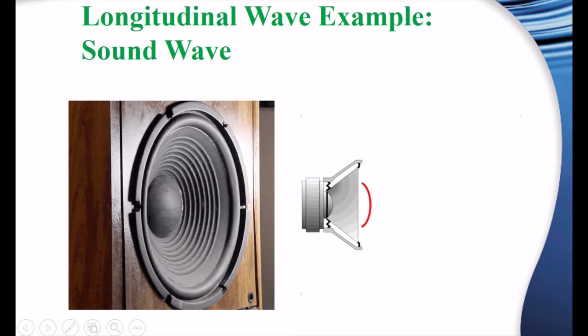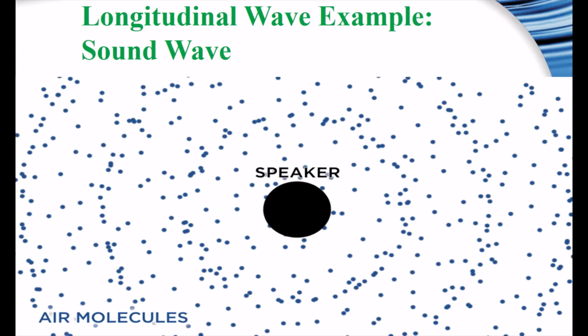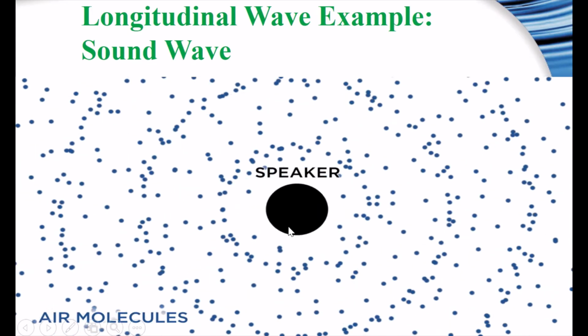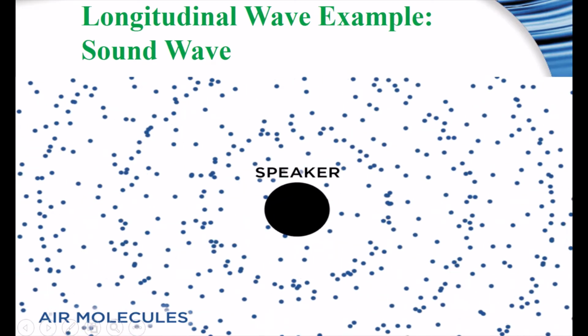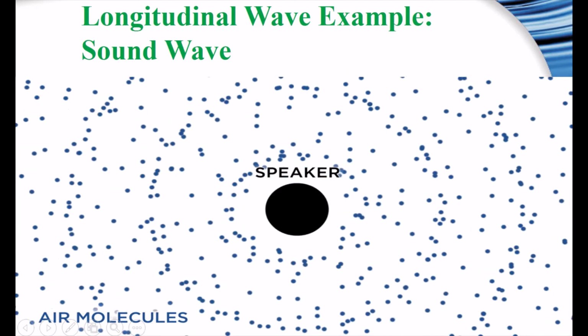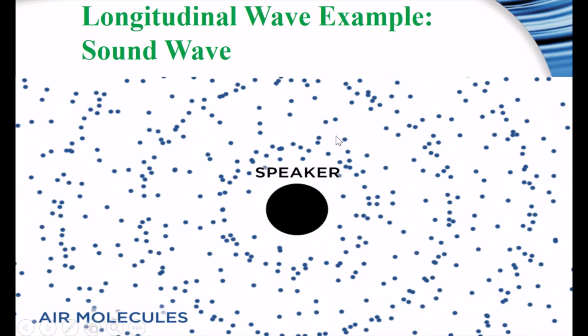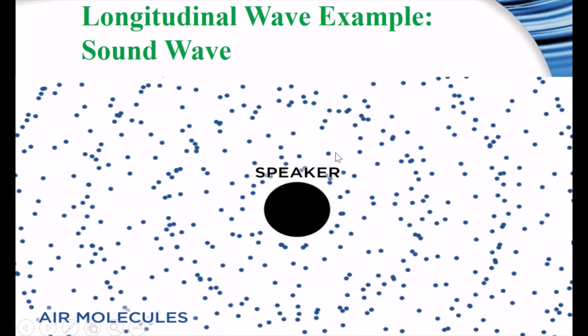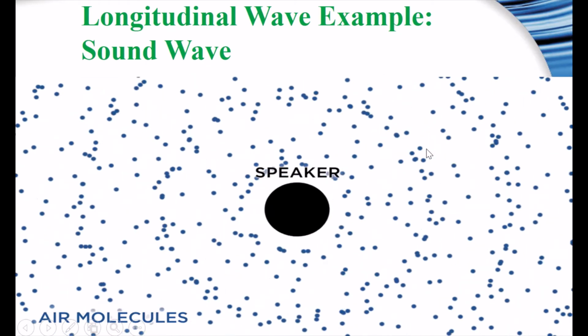If we look closely into the particles, this is what actually happens. If I have the membrane that's vibrating to create sounds and music, what it does is it pushes the air molecules around it. Each little dot here is an air molecule. So what you see is that sound waves are being produced, longitudinal waves.